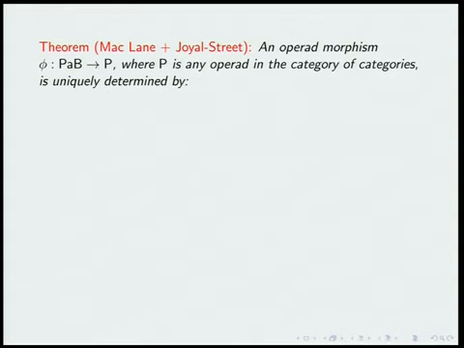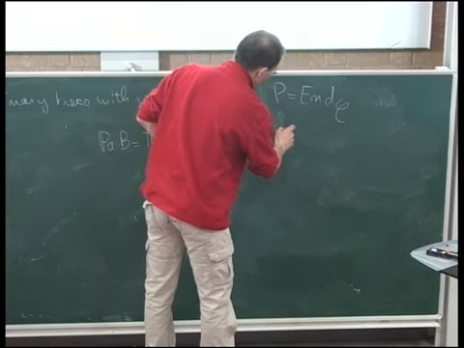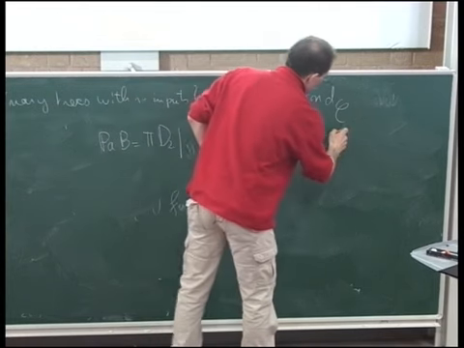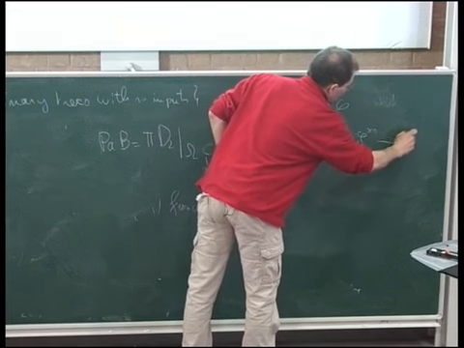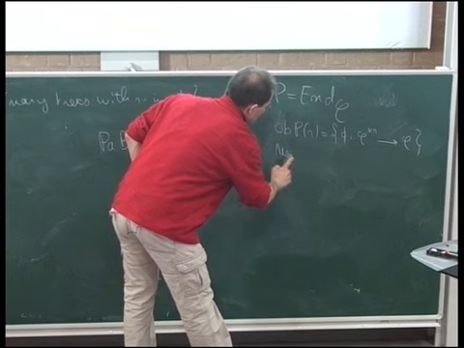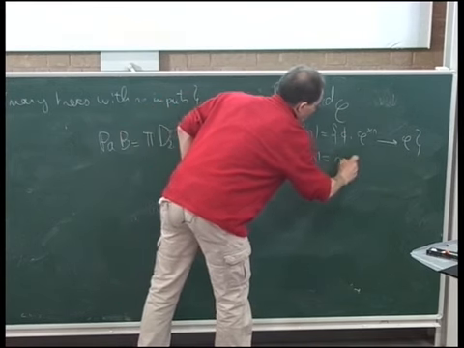For instance, you can take the endomorphism operad of some category C. So this P is an operad in the category of categories. The objects are functors from C cross C to C, and the morphisms are natural transformations.